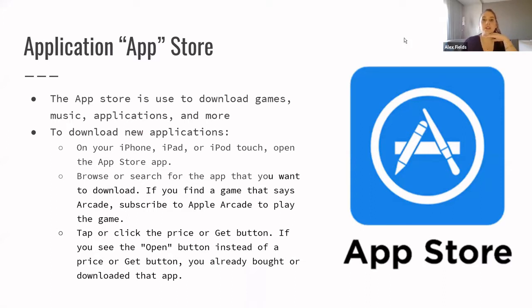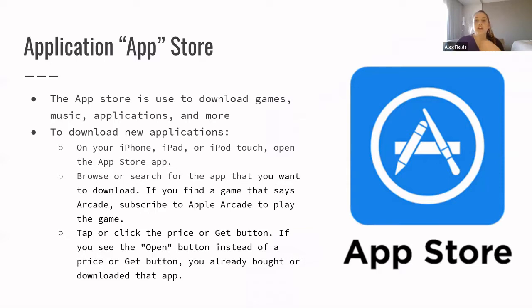Okay, so we're going to begin with the App Store. The App Store is an app on your phone that is already pre-downloaded, and it is used to download other apps such as games, music, applications, and more. To download applications, take your iPhone, your iPad, or your iPod Touch and search for the App Store app.